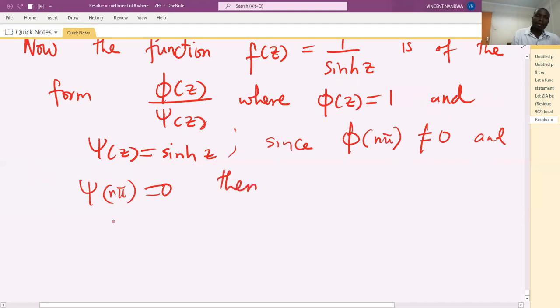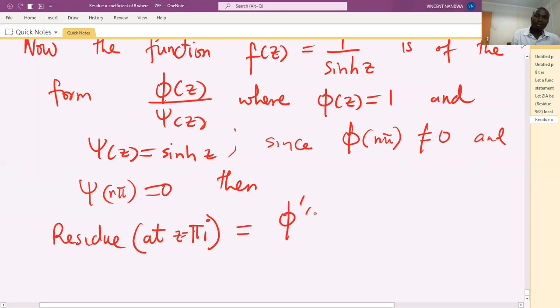then to calculate the residue at z equals pi i, we use the formula phi at pi i over the derivative of the denominator at that point.